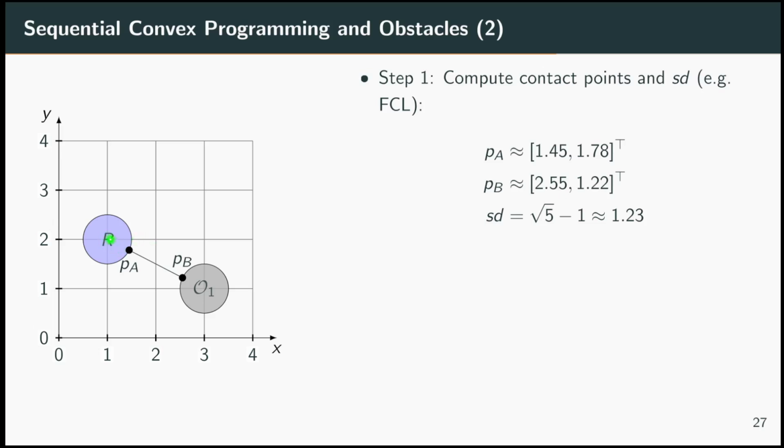Then, just geometrically, we can see that the two contact points are at the surface of these two. And then we can estimate what they are, either by reading it in this figure or by just computing the points, knowing that it will be on this line connecting the centers of the two robots. Right, and then PA is roughly here and PB is roughly here.